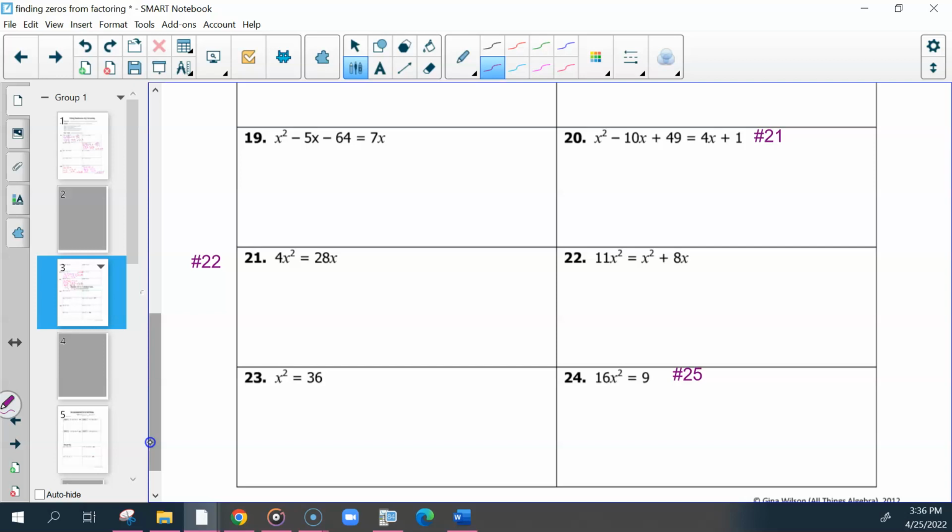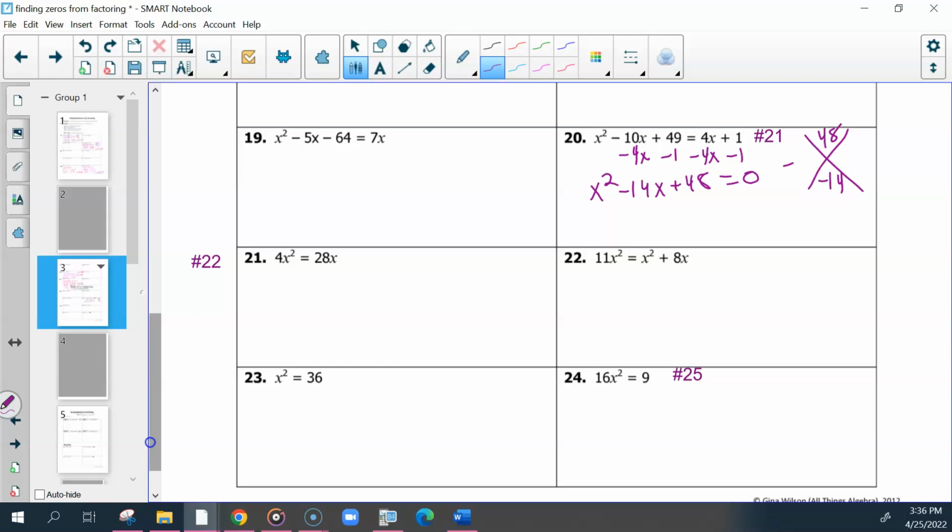You just have to remember to divide out the negative. So for number 20, I would move the 4x to where another x term is. Move the 1 to where another constant term is. So the x squared would stay the same. This would be negative 14x. And this would be plus 48. And then you could go from there. So I'm going to do this one since I started it already. We're looking for two numbers that multiply to be 48, but add to be negative 14.